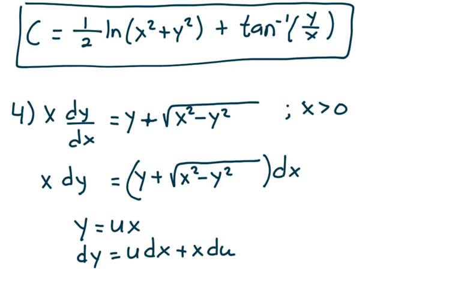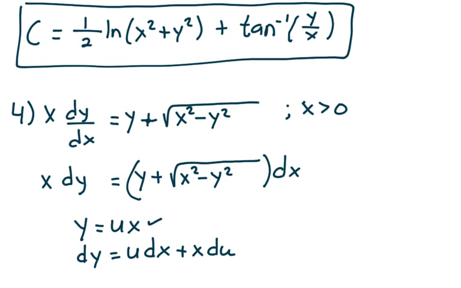I'm going to rewrite this differential equation as x dy is equal to the quantity y plus the square root of x squared minus y squared dx. Again, just like in those previous three examples, I'm going to let y equal ux, so dy is u dx plus x du.